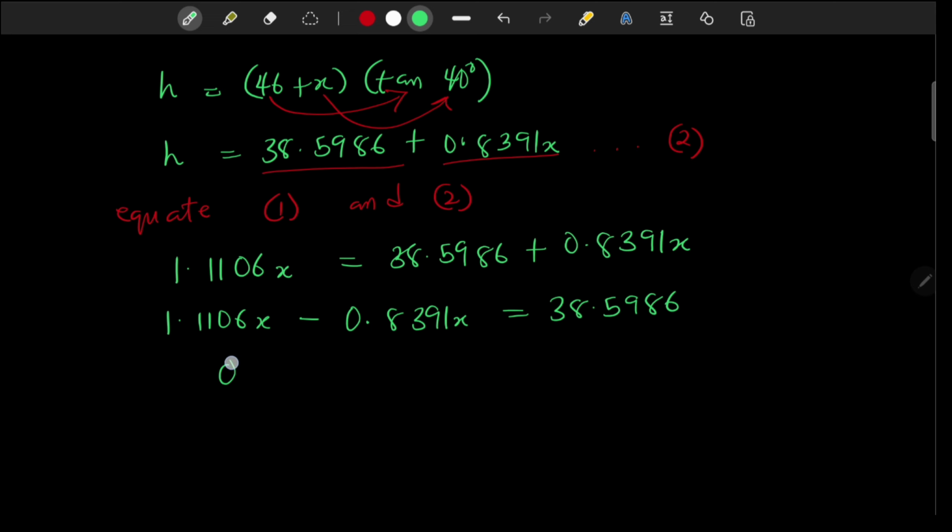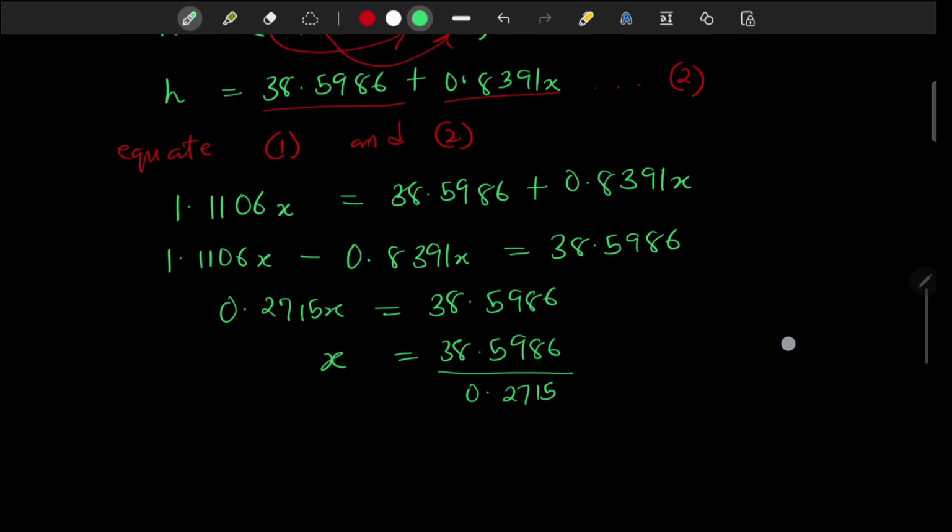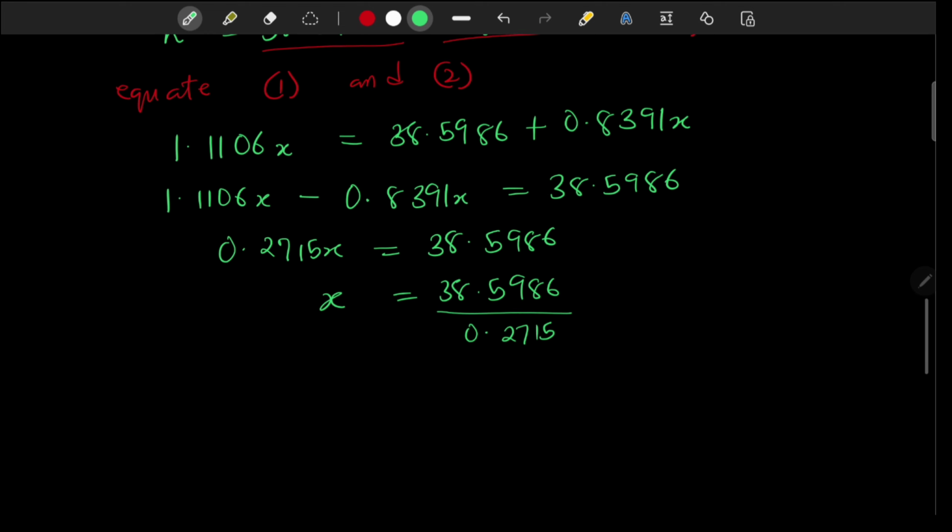So you subtract this and you get 0.2715x equal to 38.5986. So divide both sides by the coefficient of x, 38.5986 all over 0.2715. And here you get x equal to 142.1680.